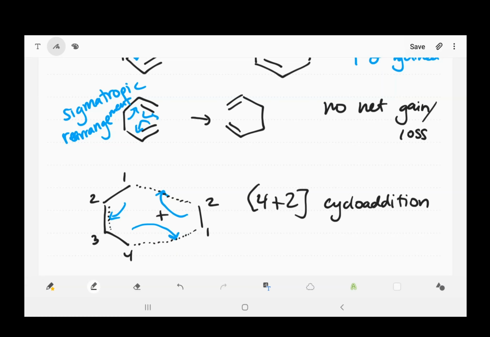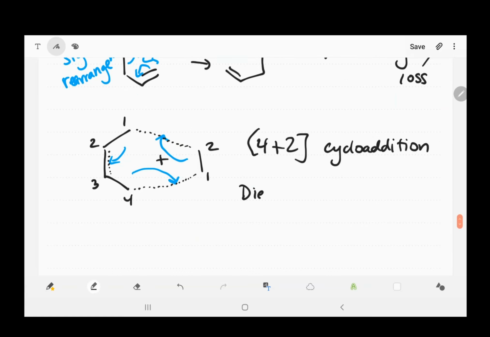So we're going from 4 carbons, or 4 pi electrons, and we're adding it to 2 carbons, or 2 pi electrons. And so we will call this a 4+2 cycloaddition reaction. This is also called the Diels-Alder reaction, after the scientists who did it.